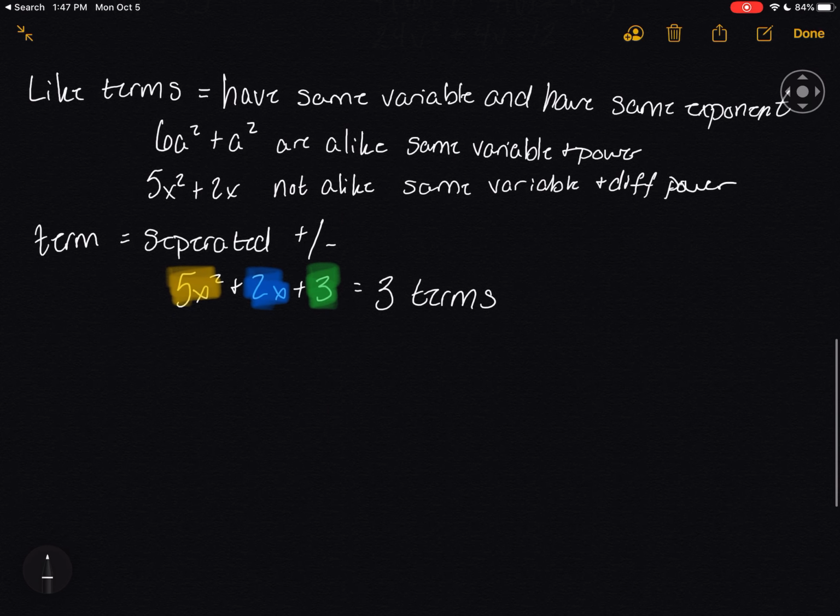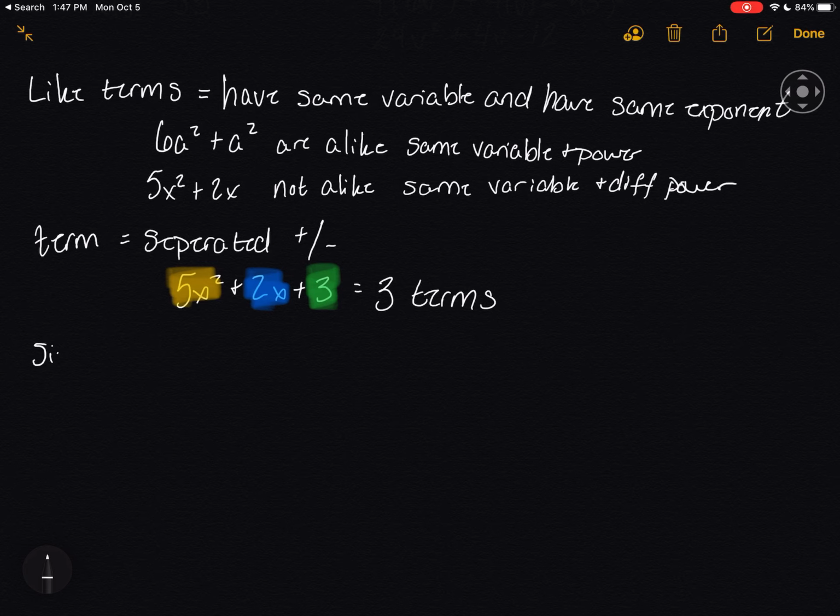All right, and then last but not least, I think this is the last vocabulary term. I might give you one more as a reminder of what some stuff is. So then we also have the simplest form. And just remember, simplest form is going to be when it contains no like terms or parentheses.